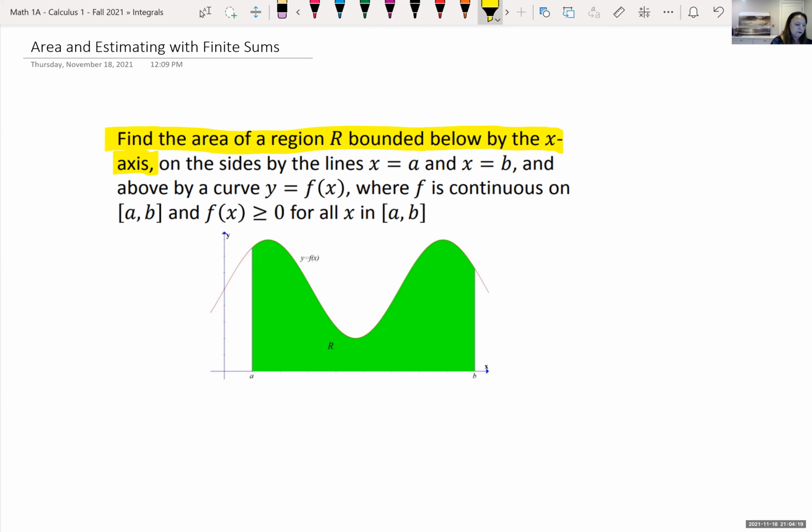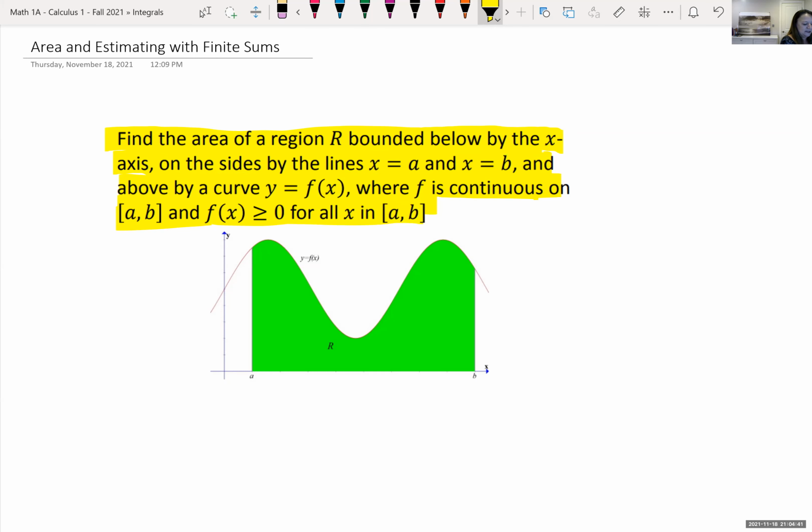So find the area of the region R bounded below by the x-axis, on the sides by the lines x equals a and x equals b, and above by the curve y equals f of x, where f is a continuous function on [a, b], and f of x is greater than or equal to 0 for all x on [a, b].